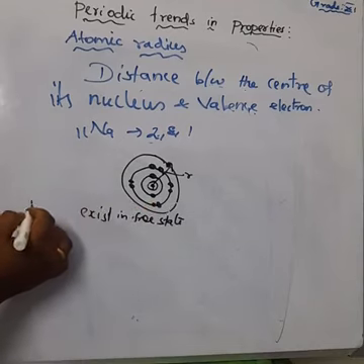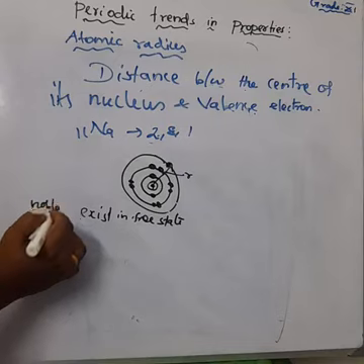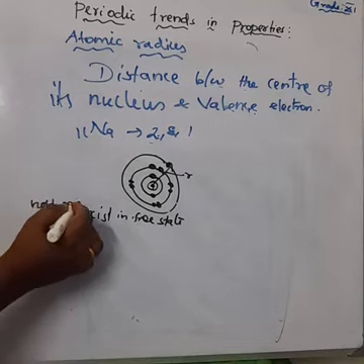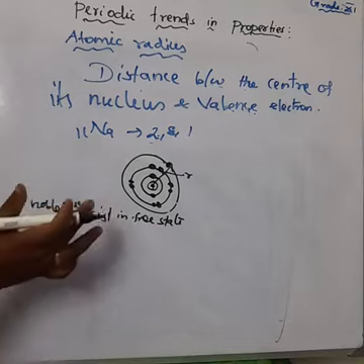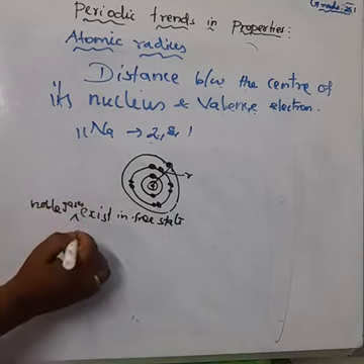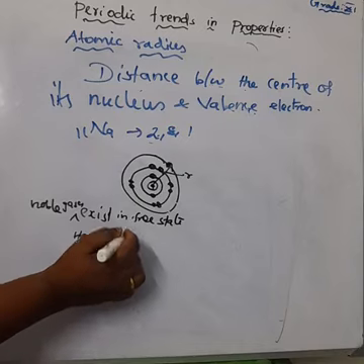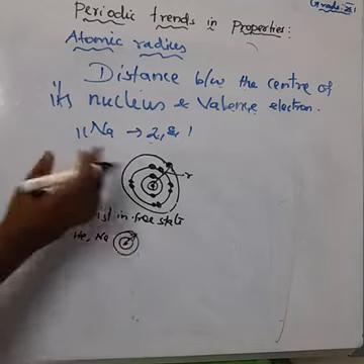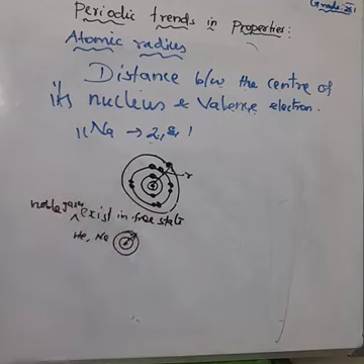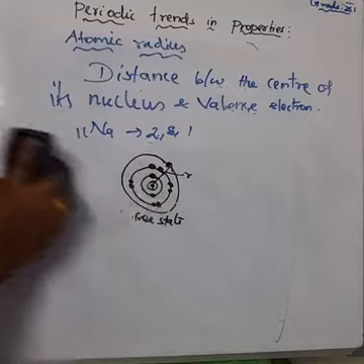Noble gases only exist in free state. So we can measure the radius of noble gases directly, but in the case of other atoms, we cannot measure the atomic radius directly.